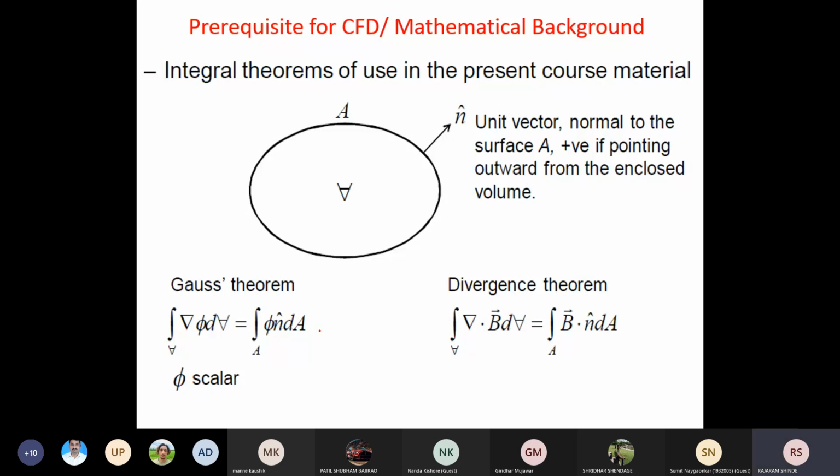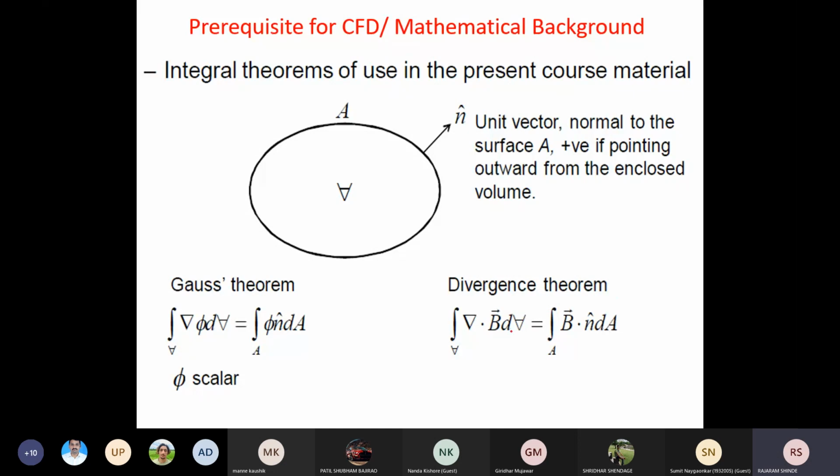Okay. And here phi is a scalar quantity. Means the Gauss theorem is used for scalar quantities, and when we want to convert the integration of a scalar from volume integral to area integral, we have to use the Gauss theorem. Next is the divergence theorem. The divergence theorem is used for vector conversion.